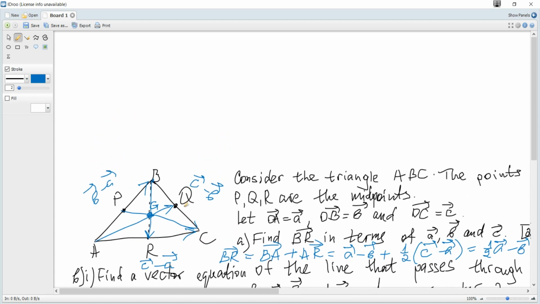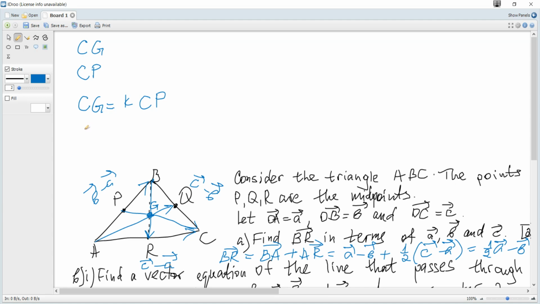We consider vectors, for example CG and CP, and if we show that CG is some constant multiplied by another vector, it means that the vectors are collinear, and it means that they are parallel in general. They are parallel and lie on the same line, but they may lie on parallel lines.